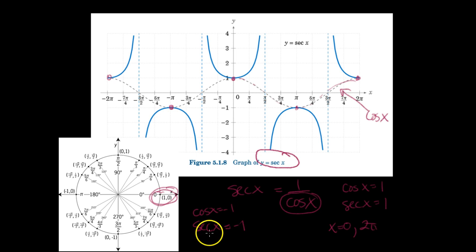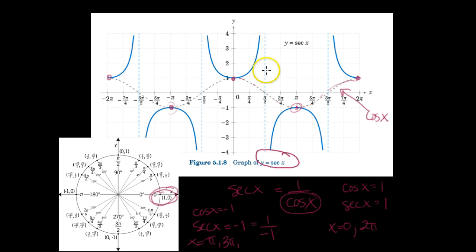Secant of x equals negative 1 is the same as 1 over cosine of x being negative 1, which happens at x equals pi and all the odd multiples of pi: 3 pi, 5 pi, negative pi. So they show up here and here.